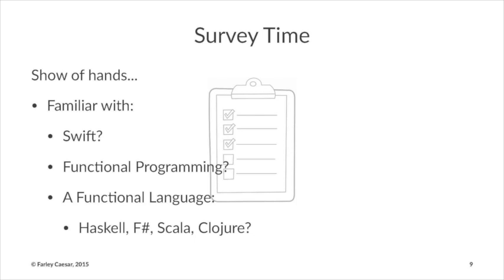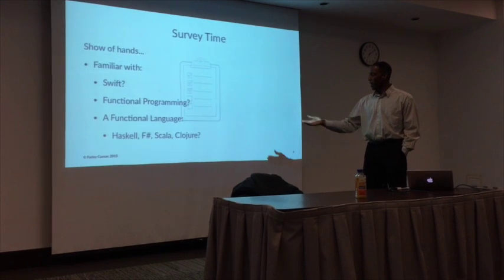In terms of functional programming, those of you that had your hands up, which functional language did you use? Anyone here use Haskell? Okay, good. These are the ones that are deep, because Haskell is a deep, insane functional language. F#? Anyone? Okay, good. For those of you who don't know, that's kind of the .NET functional language of choice, which is kind of like C# but better.